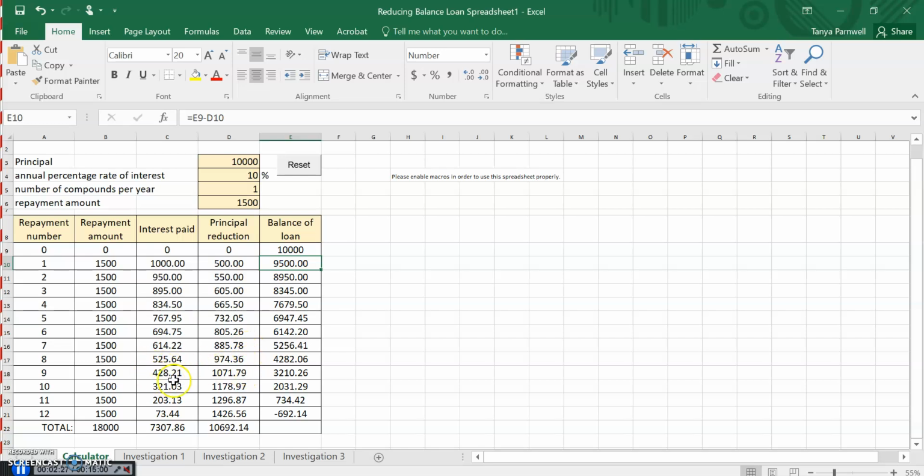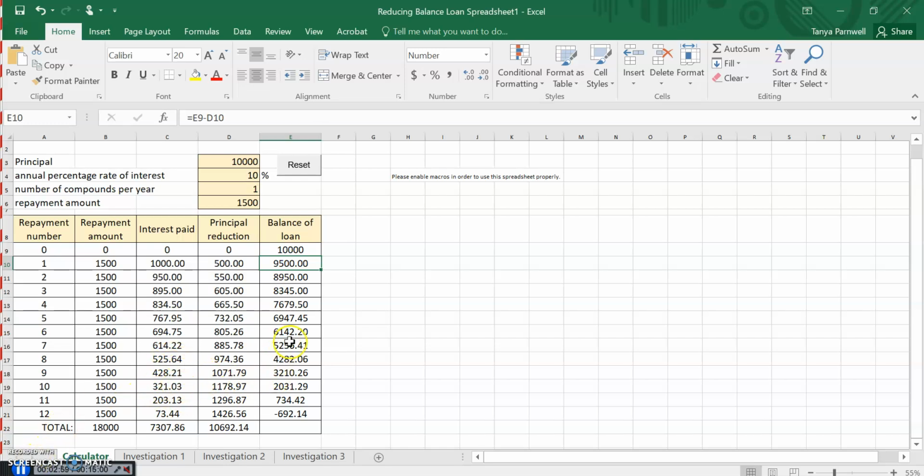So when we get down to a situation down here, we find that out of our $1,500 payment, only $428 of that is going towards paying interest, and the remaining just over $1,000 of that is reducing the principal. So we start to pay the loan off much more quickly when we get down to this situation where more of our repayment is going towards principal rather than being used with interest.